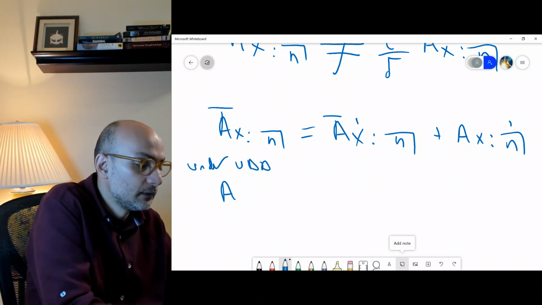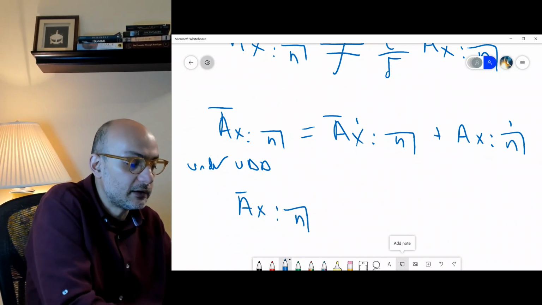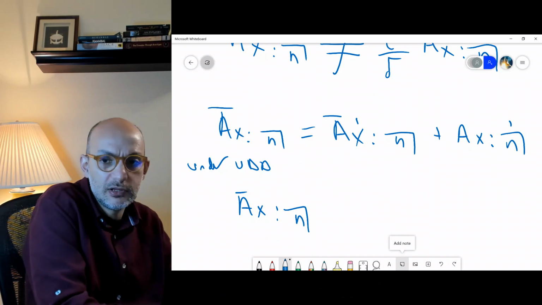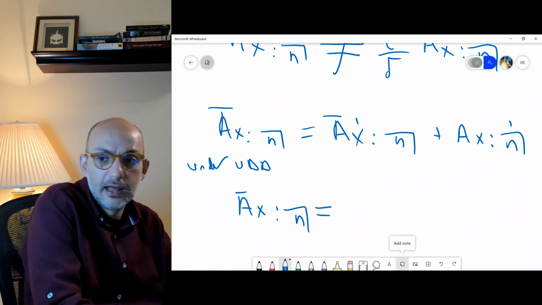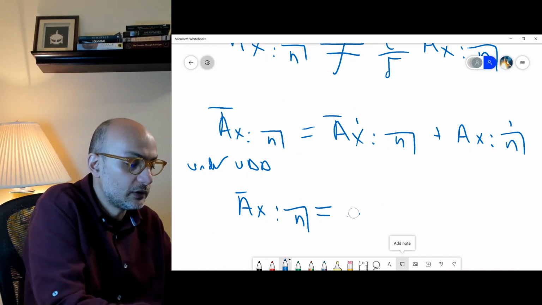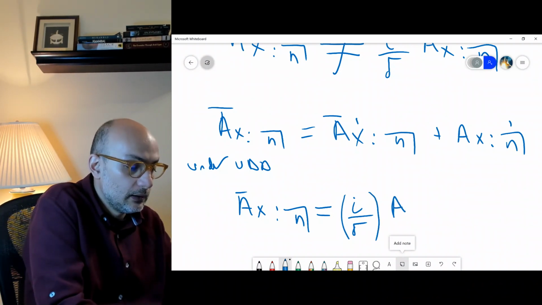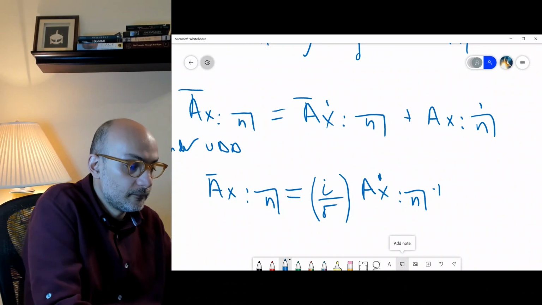UDD, now what you can do under UDD is A_x:n without the 1 here. This is the endowment insurance, so now under this one it will be I over delta times A_x:n with 1 plus A_x:n.